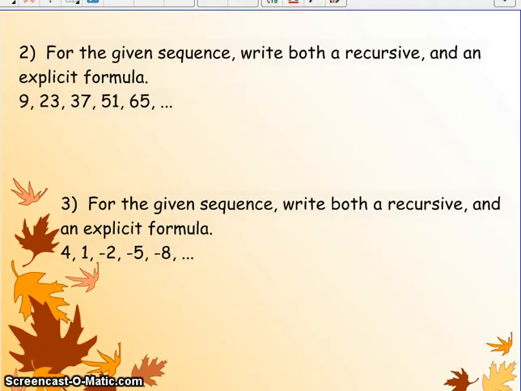All right, 2 more problems. You might want to pause this and give these a try by yourself. I'm just going to wait just a second, and then I'm going to show the answers. All right, problem number 2. For the given sequence, write both a recursive and an explicit formula. All right, so recursive.